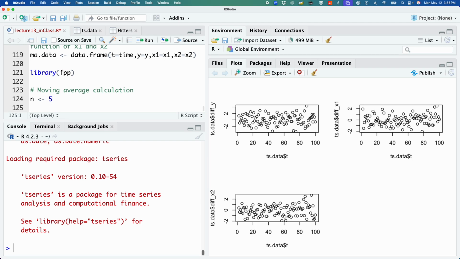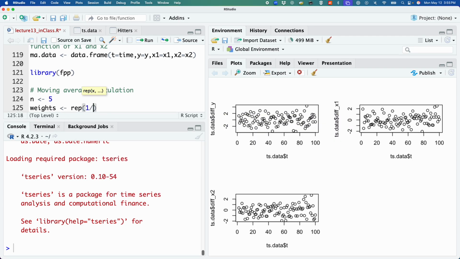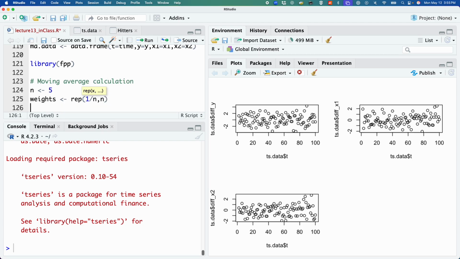But okay, so weights rep 1 over n. That's actually just how you do the average, because this function just does the sum by default. So filter is the function that we're talking about.